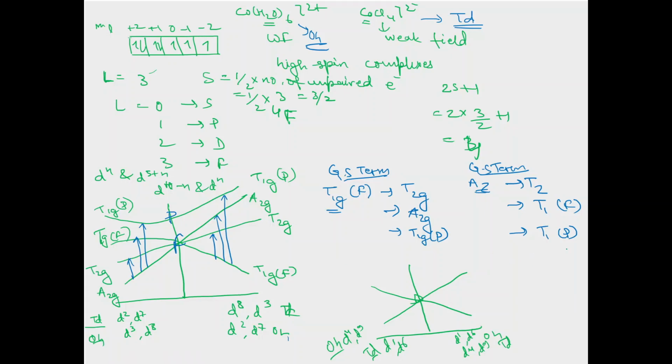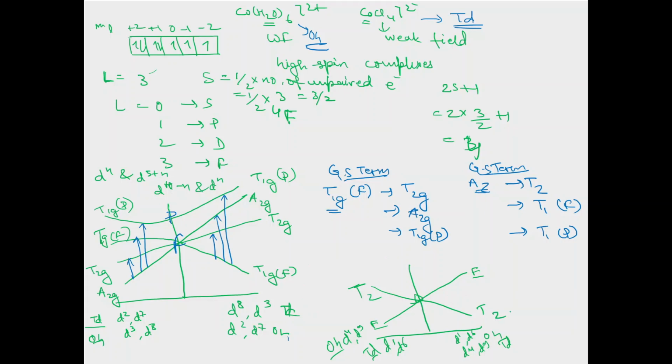Why? Because in those cases there will be no transitions. And for the others, that is d1, d2, d3, d4, d6, d7, d8 and d9, we can understand the transitions from these diagrams. So here it will be T, E and E. If it's octahedral, then this g will come, or else it will not come.